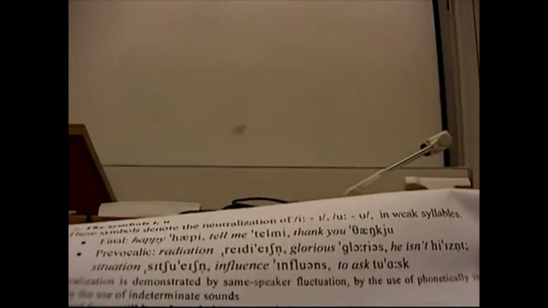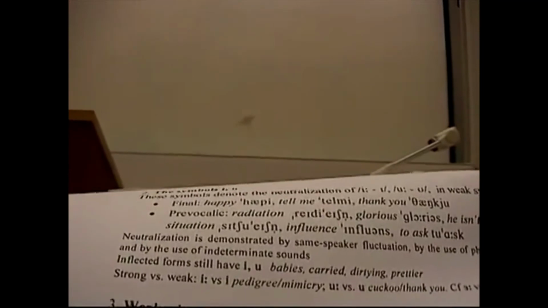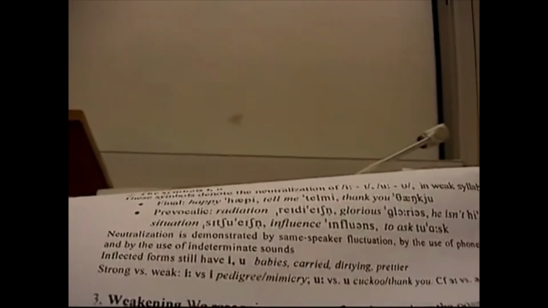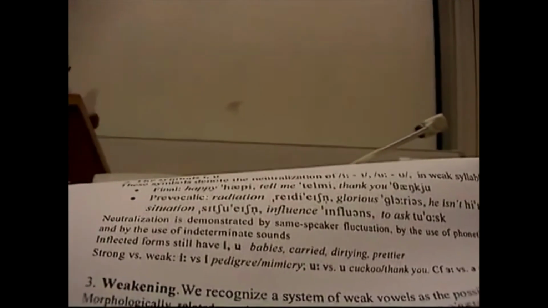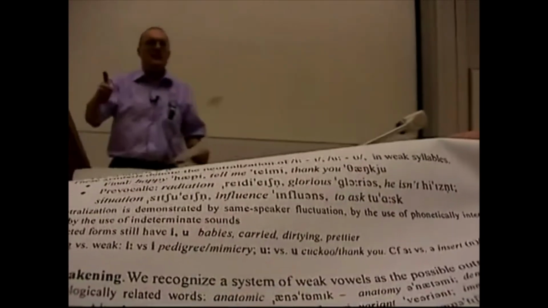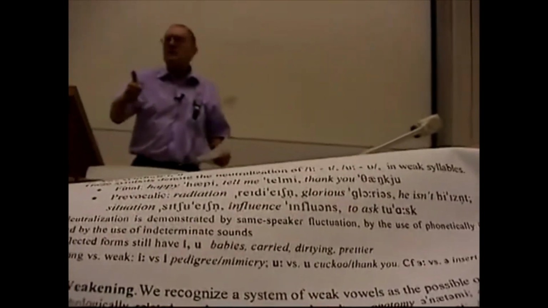So, theoretical point, on the handout: neutralization is demonstrated by same speaker fluctuation. That is to say, the same speaker saying the same word repeatedly may sometimes use something more E-like, sometimes something more I-like. One moment I say happy, next moment I say happy.